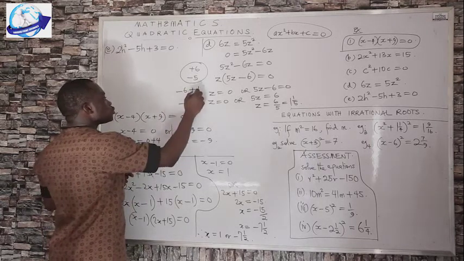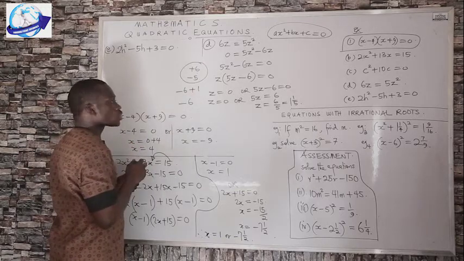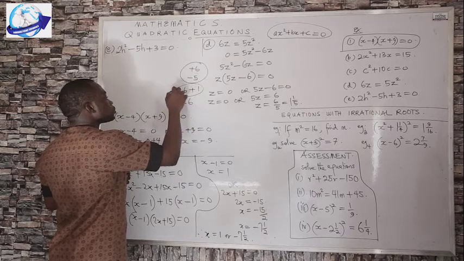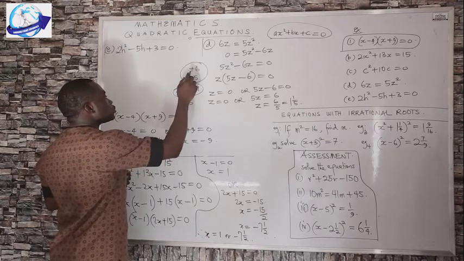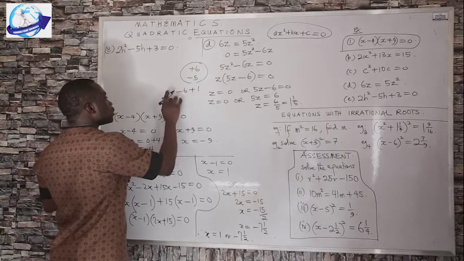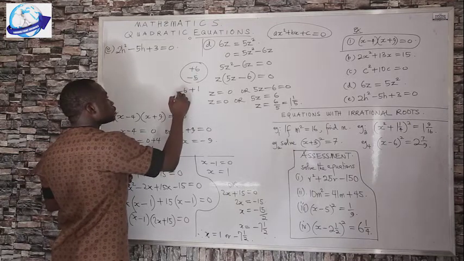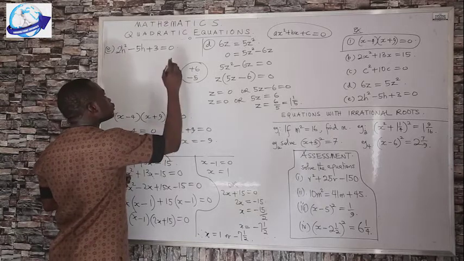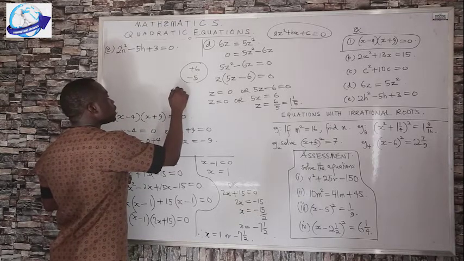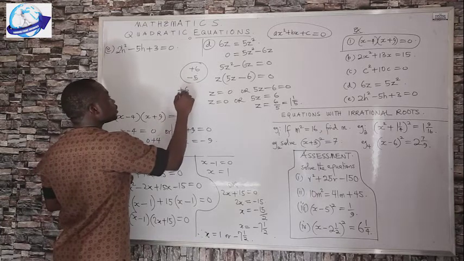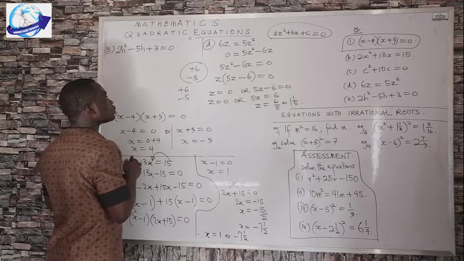Ordinarily, if you add these two, minus 6 plus 1, it gives you minus 5, but the product is minus 6, not plus 6. Let's take it again. We're looking at plus 6 and minus 5. Okay, let's get the factors very well.